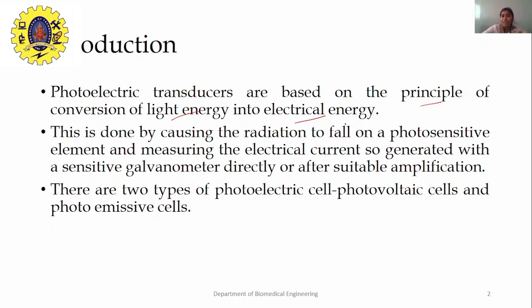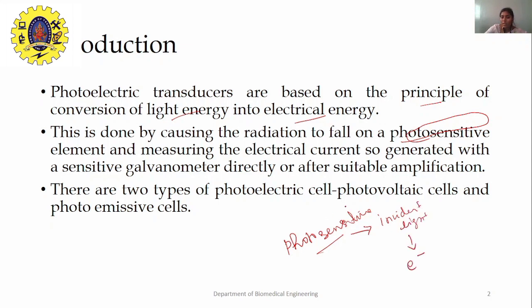This type of transducer always contains photosensitive material. This material has the capacity, or the potential, to convert photons, that is incident light, into electrons.